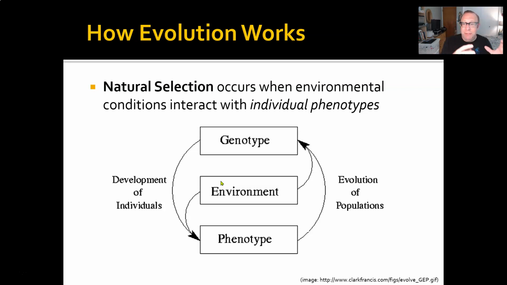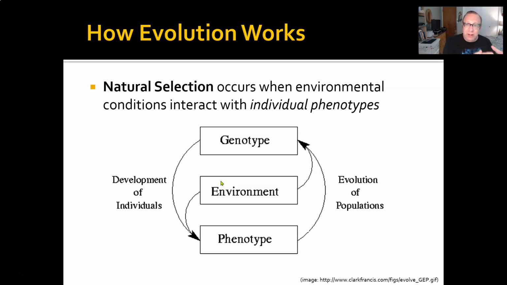Okay, so the genotype and environment create the phenotype, and the phenotype is what natural selection is working on. Okay, it is selecting for or against that phenotype. Evolution occurs when natural selection has changed the frequencies of these genes in the population as a whole.